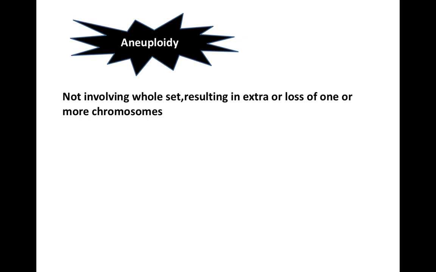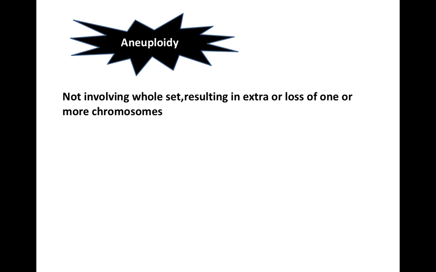The second type of chromosomal abnormality is called aneuploidy. And aneuploidy is the opposite of euploidy. So let's remember together, euploidy was a complete set of chromosomes, N in gametes and 2N in somatic cells.